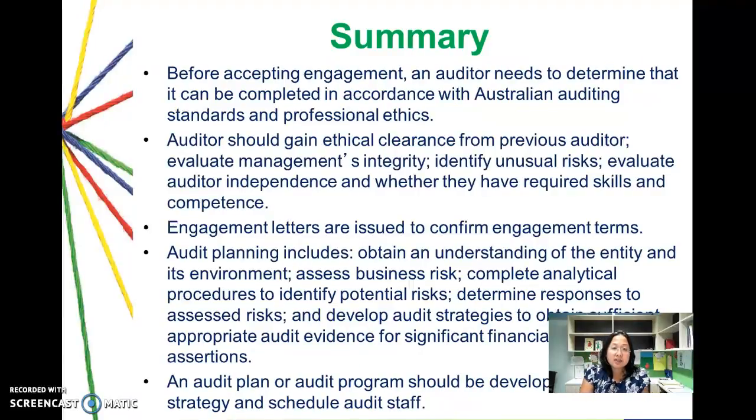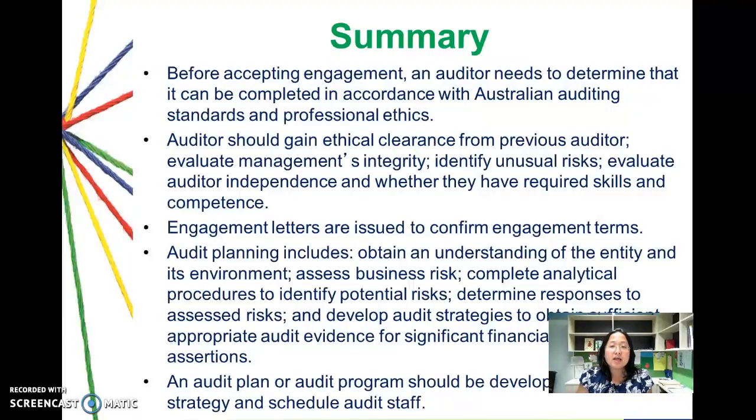So in summary, before accepting an engagement, the auditor needs to determine that they can complete the engagement in accordance with Australian auditing standards, and that they comply with professional ethics.